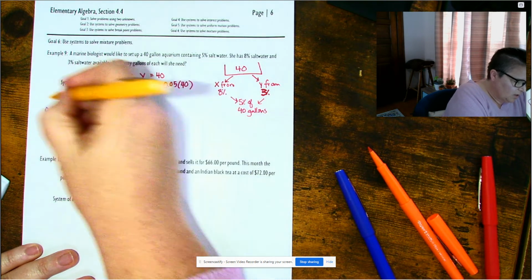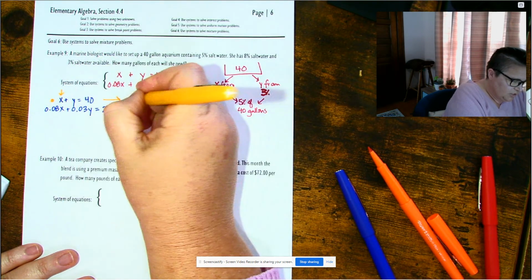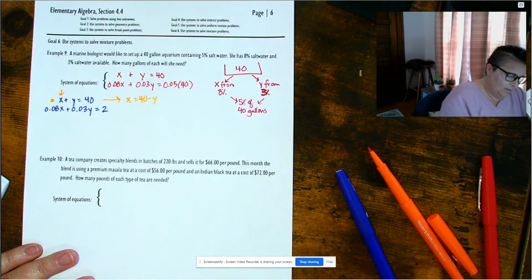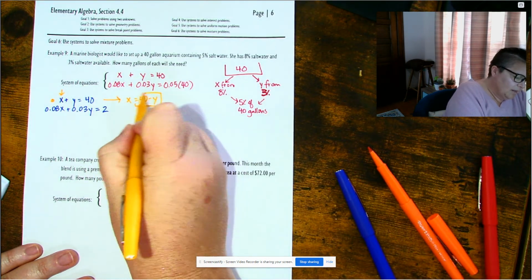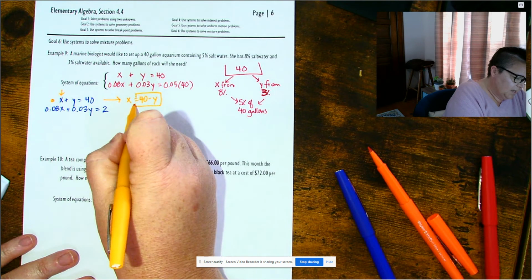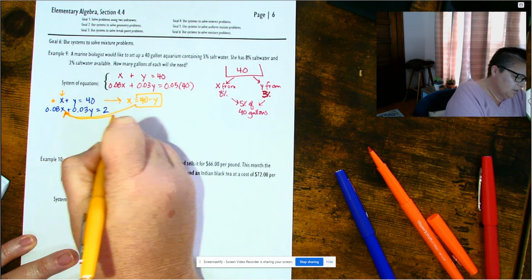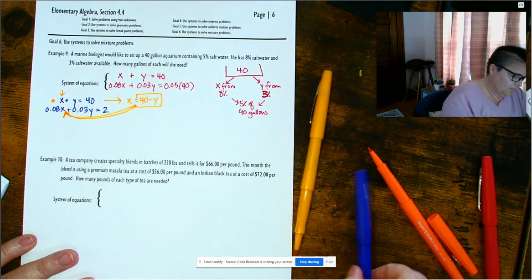So I'm going to solve for x in the first equation, giving me x is 40 minus y. I'm going to take what's here in yellow and put that in for the x in the second equation. Not back into the first equation, back into the second equation.